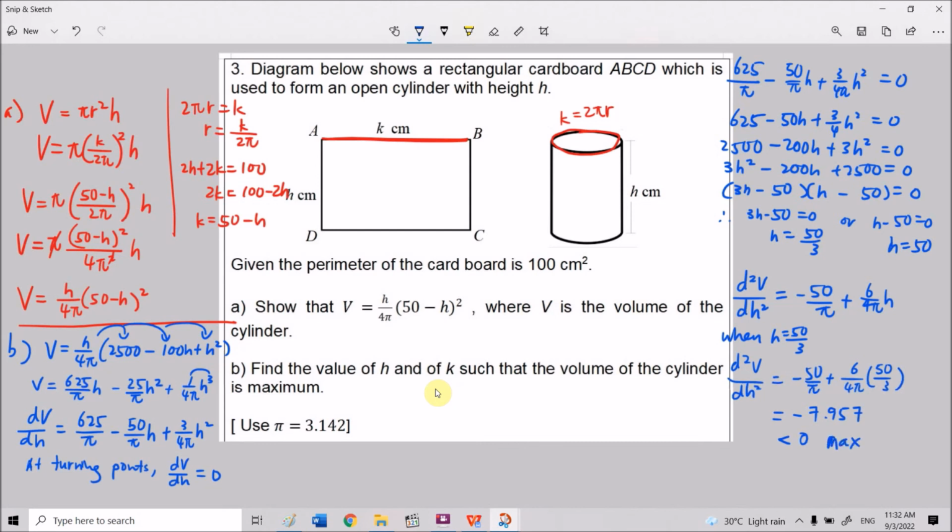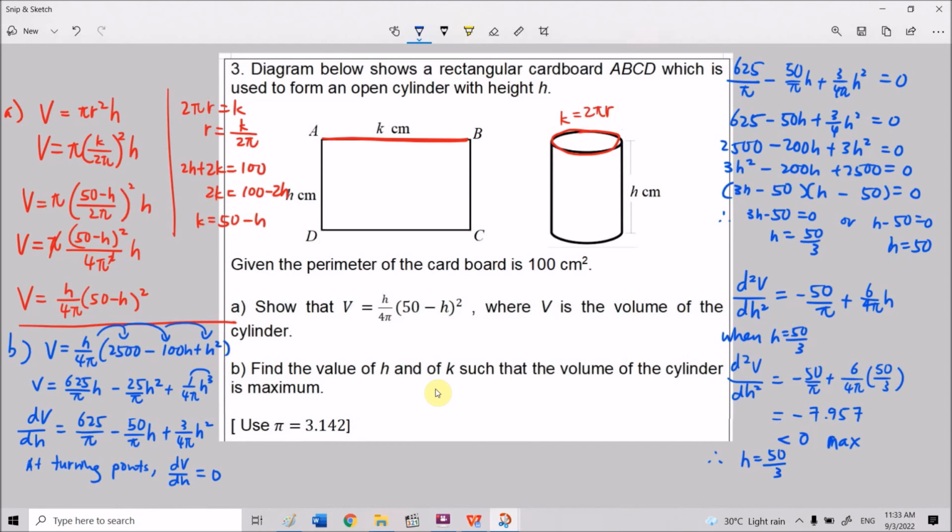And then of course you can try to substitute the 50 inside here and repeat the whole process. You will get a positive value, which is a minimum point. So since we are looking for the maximum point, we take h equals 50 over 3.